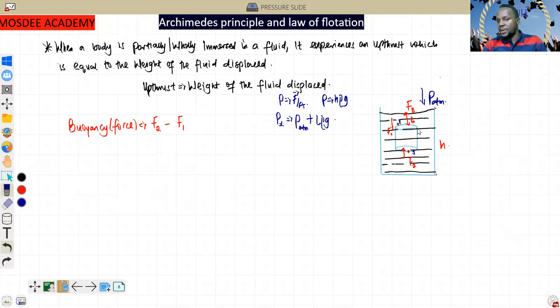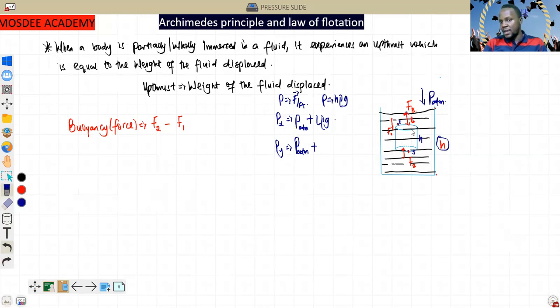Now let's consider the pressure at Y, which is the whole container from the top to the bottom. So the pressure at Y will be equal to P atmospheric, which is atmospheric pressure, plus the pressure of the liquid itself. Now we are considering the total from here to here. The height from here to here was taken to be h. This h is the height of the object that is submerged.